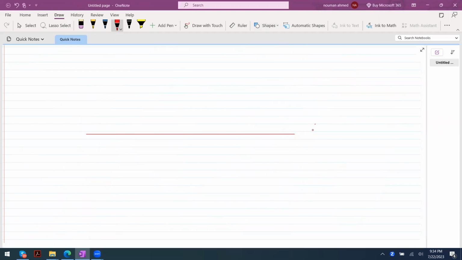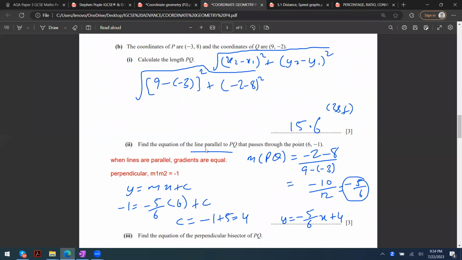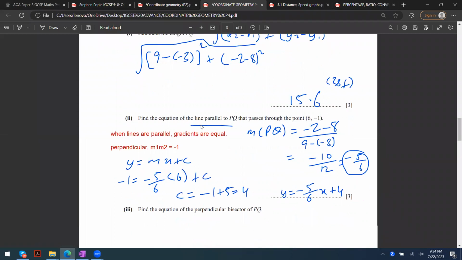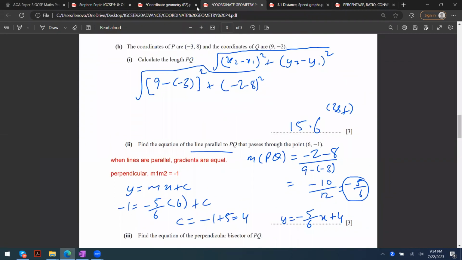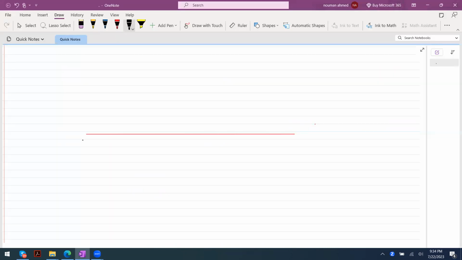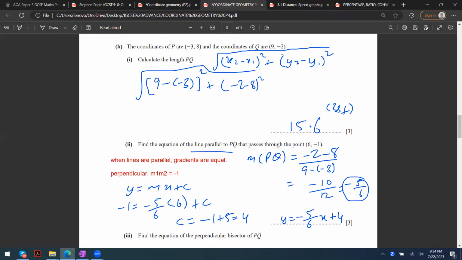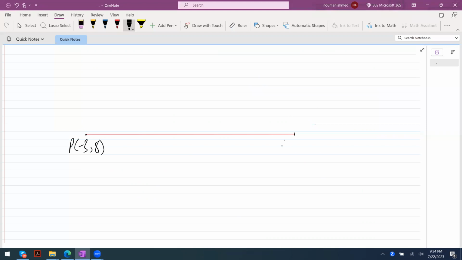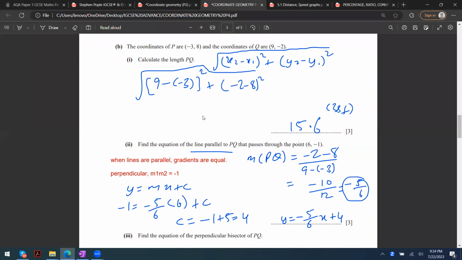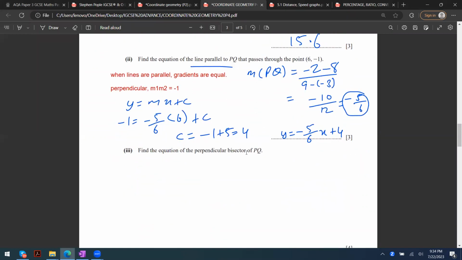Okay, now we have a line. It says find the perpendicular bisector of PQ. So this line is PQ, P is (-3, 8), let's say this is P, and Q is (9, -2). Find the equation of the perpendicular bisector.